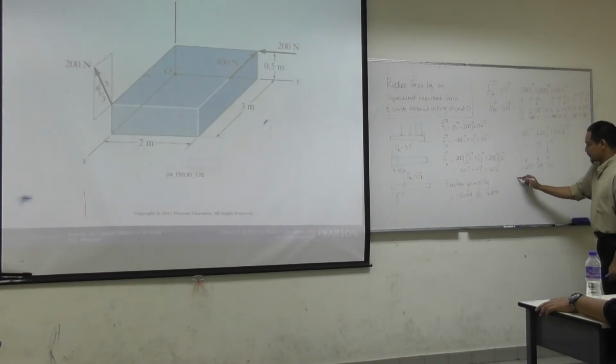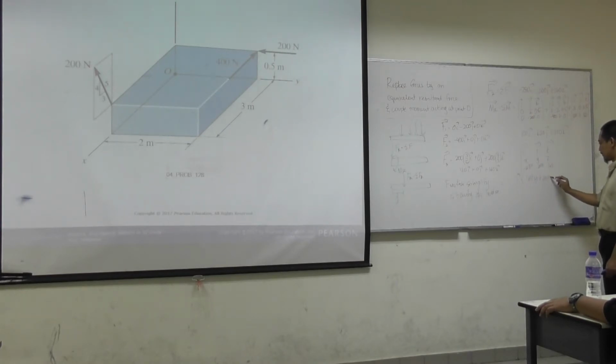You'll notice that, for example, for I, 160 Y plus 200 Z, minus J, 160 X plus 280 Z, plus K, minus 200 X plus 280 Y, right?